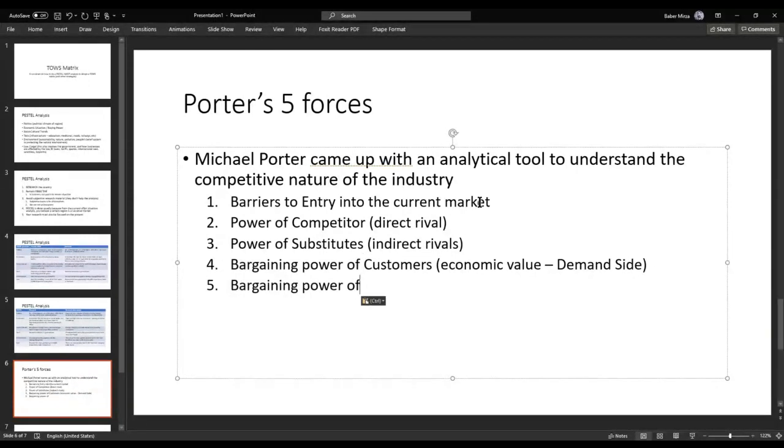Bargaining power of suppliers: supply chain, mechanism, purchasing cycle.